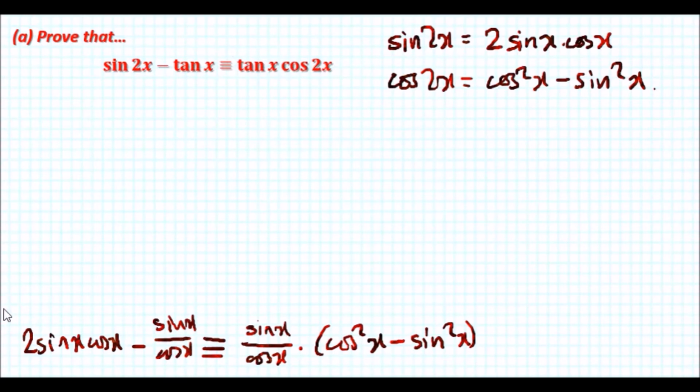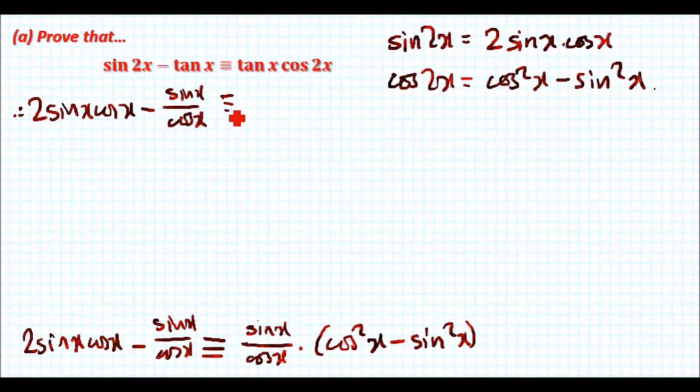So let's move on to the very first step here. We can continue with the step we did on the very first step. So this can therefore be exactly as written, 2 sin x cos x minus sin x over cos x. Now let's combine the terms. We need to realize that everything is over cos here.